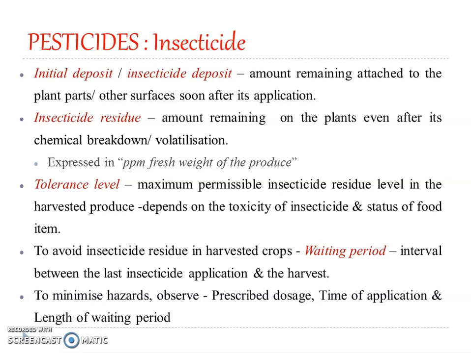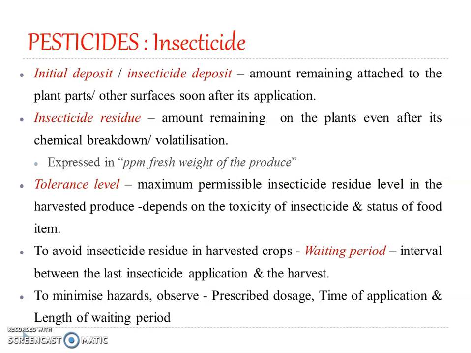This depends upon the toxicity of the insecticide and the status of the food item, whether it is meant for daily or occasional consumption. Thus, tolerance levels of insecticide residues vary with the toxicity of the insecticide and the consumption rate of the commodities.